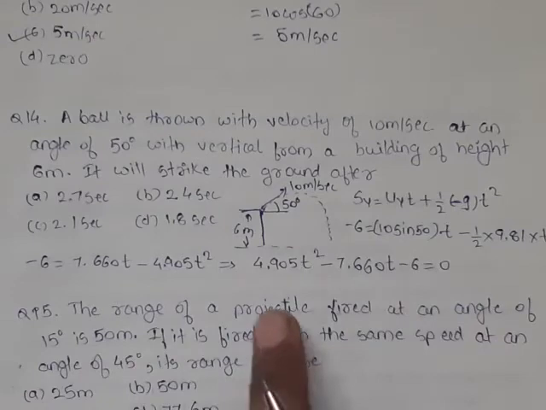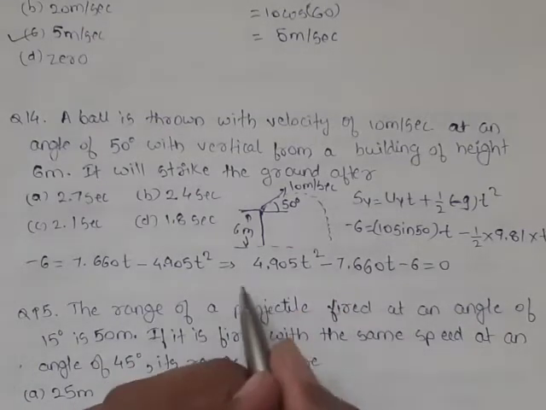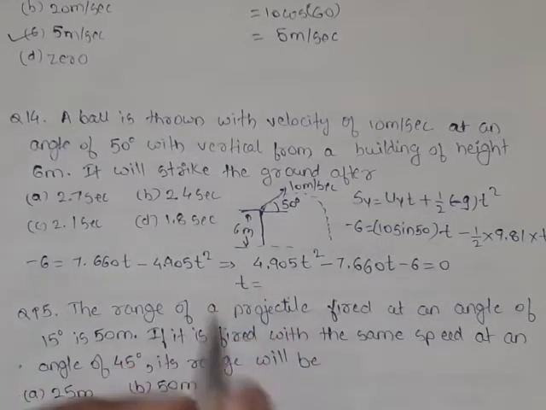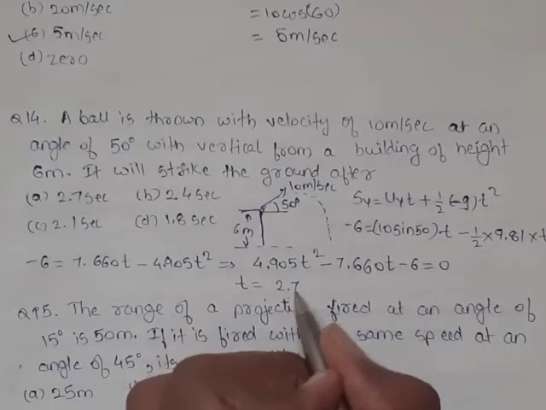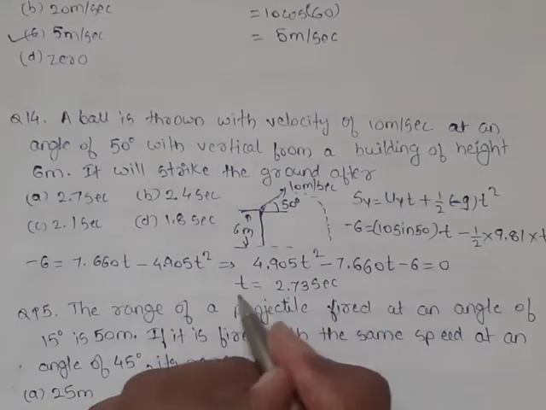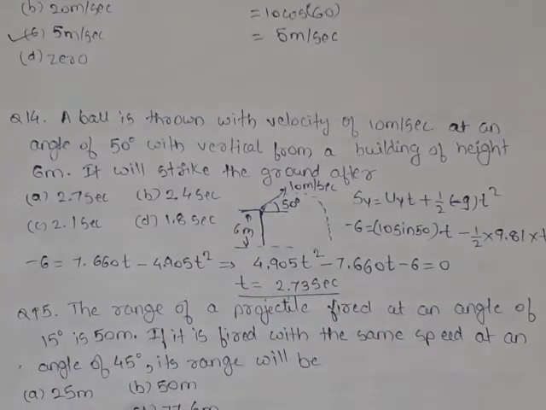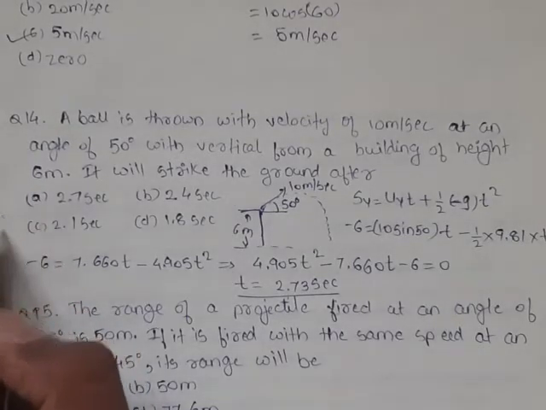It is a second order quadratic equation in terms of t. When we solve it, the positive value of t is 2.73 seconds, or we can say 2.7. So for question 14, option A is correct.